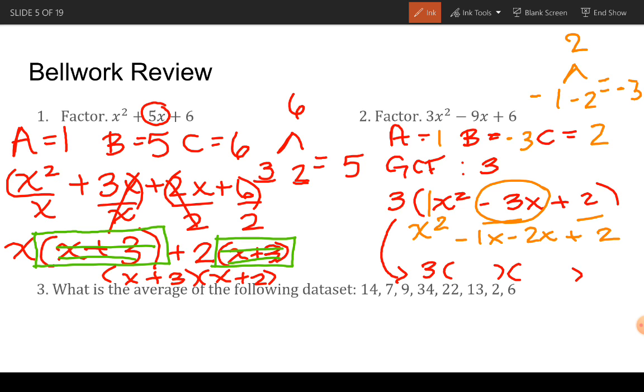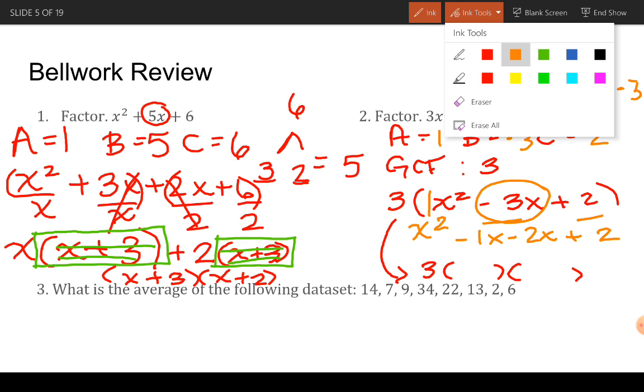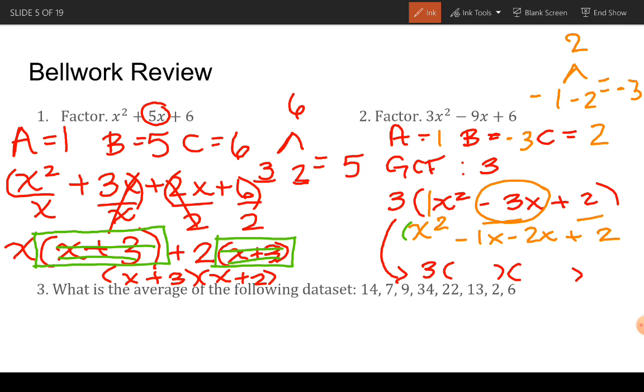Now we need to group them. We'll have x squared minus 1x and -2x plus 2 with a plus sign in between. I can take out an x from my first group, and I have to write what's left. So when I divide x squared by x, I get 1x.